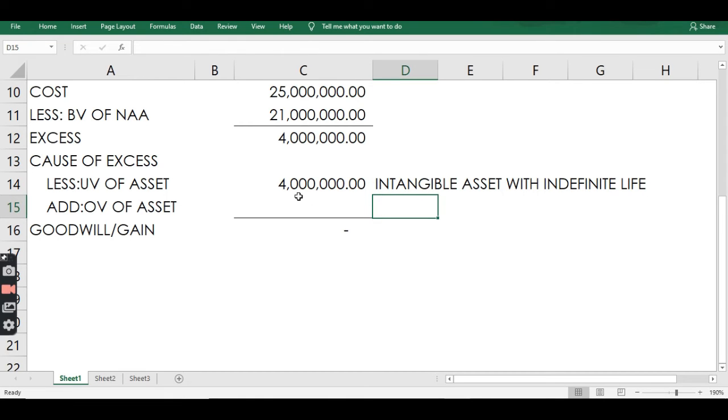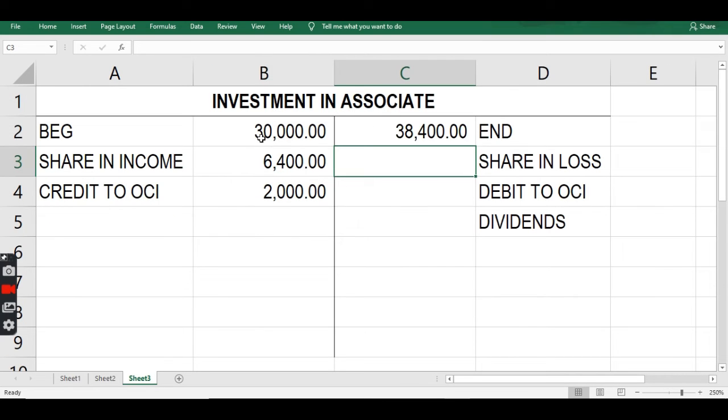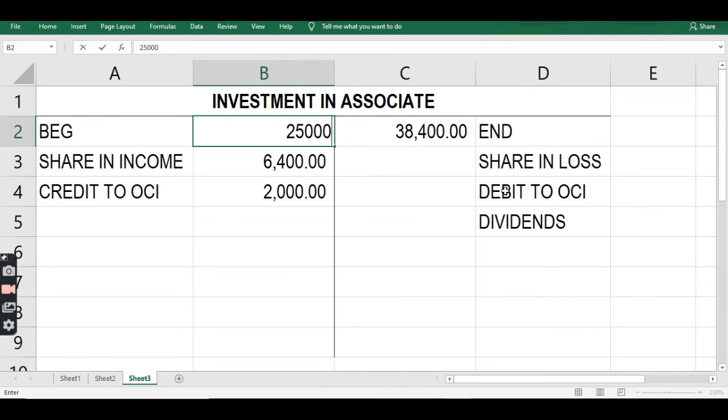Okay? Walang problema. Ibig lang sabihin, ito ay yung dahilan kung bakit may excess. Ito pa rin yung i-recognize nating cost ng asset. Kapag nagkaroon lang ng kung sakaling impairment later on, saka lang natin i-adjust yung ating libro. Okay? So, yun yung consideration. So, anyway, pagpunta natin sa investment in associate, ang beginning pa rin natin ay 25 million.